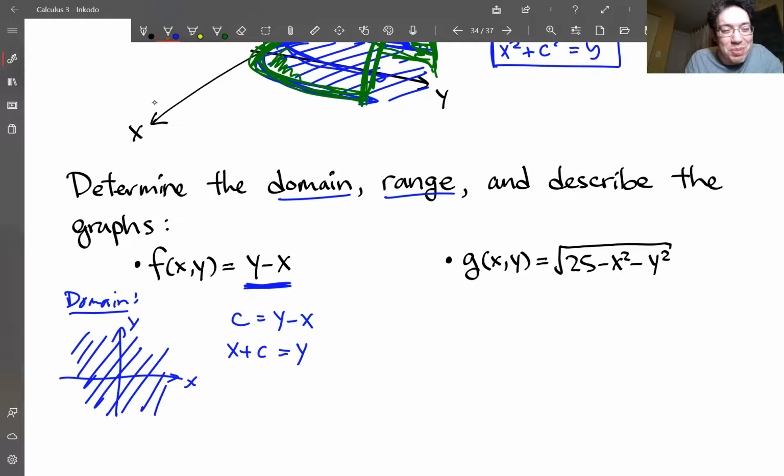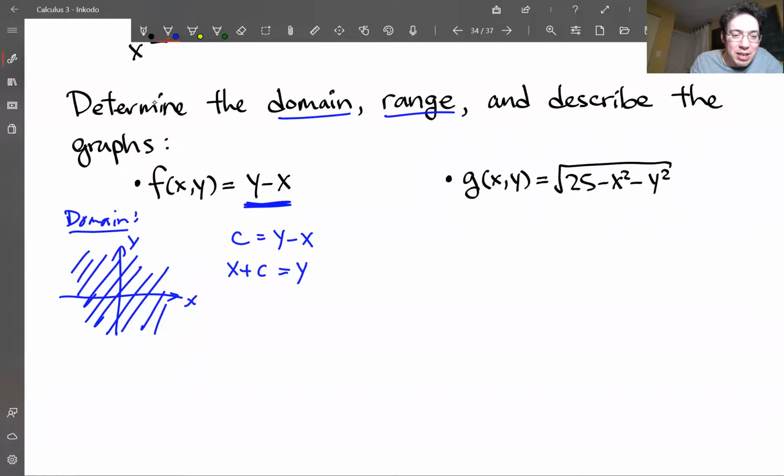Sorry, mx plus b is how we usually think about it. And m, the slope here, is 1. And then we have c, so that's the y-intercept. Okay, so the level curves in the xy plane look like this.